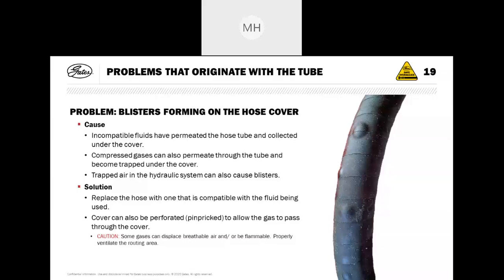So make sure the area is properly ventilated if you've got a hose which is permeating any gases. Other causes can also be where the cut on the end of the hose before assembly is outside the tolerance allowed, allowing fluid to bypass the end of the hose and then come back down through the outer cover.